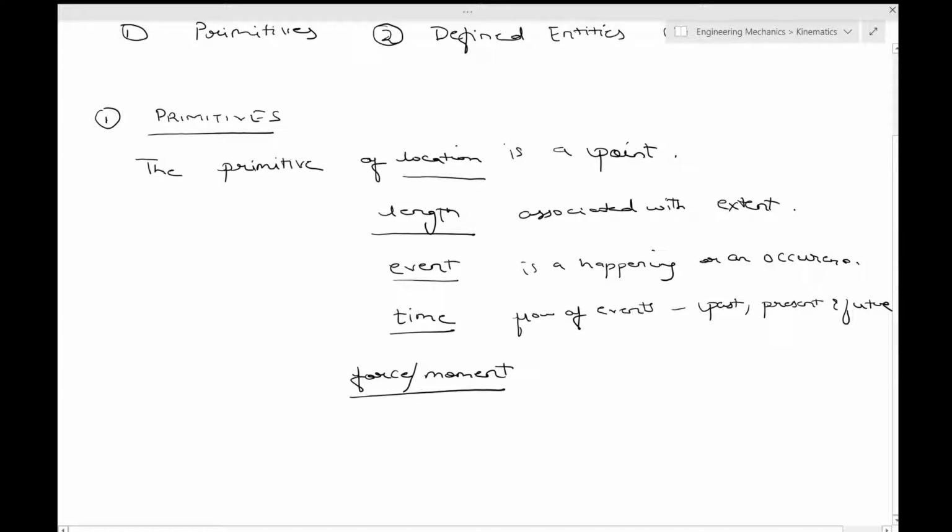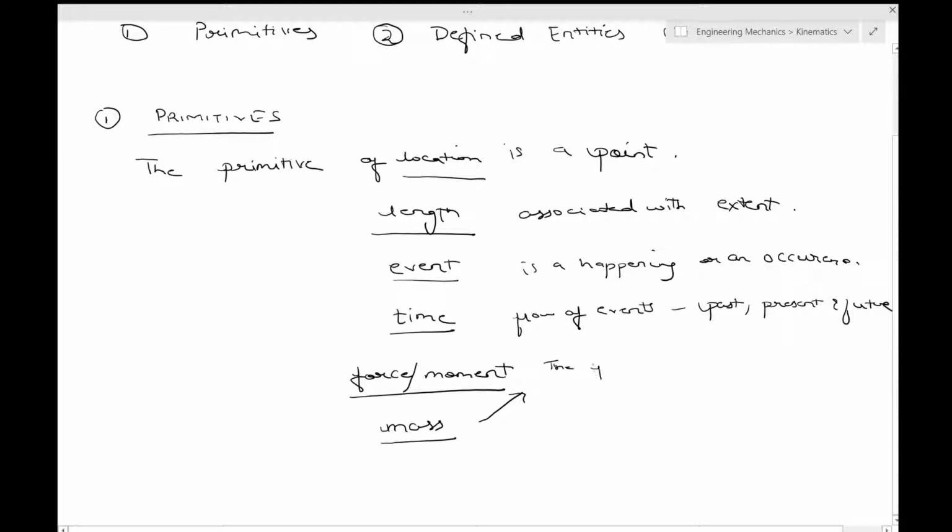So mass is also another primitive. What this is related to is something called inertia, which you have studied. So let me just put the definition.